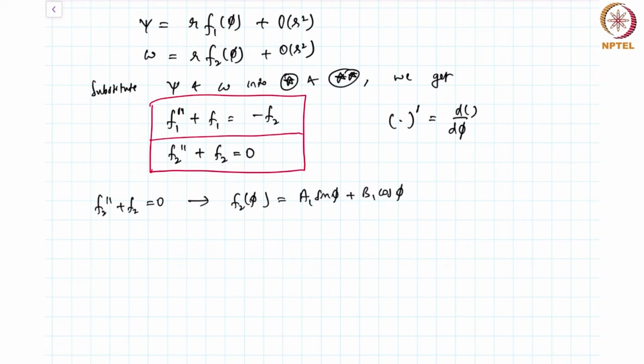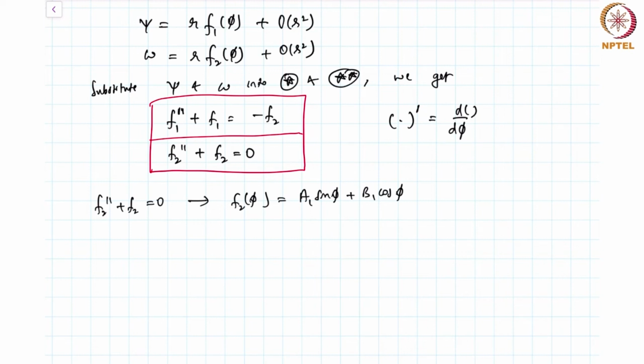Those are the fundamental solutions of this equation. Now we'll take these fundamental solutions and substitute them into the equation for f1, but the fundamental solutions for f1 are also sin φ and cos φ.